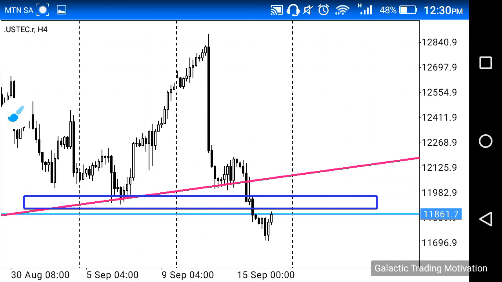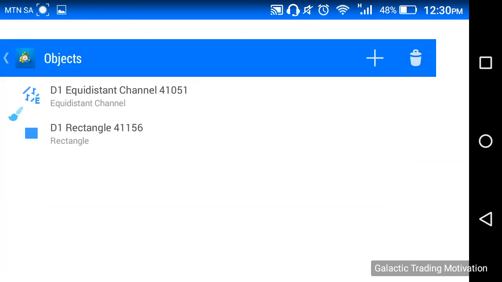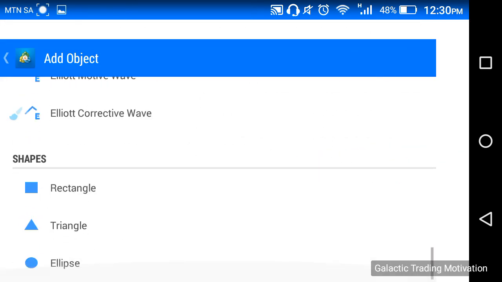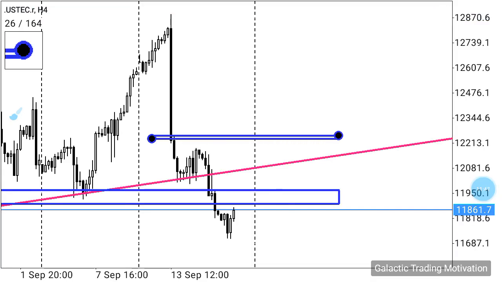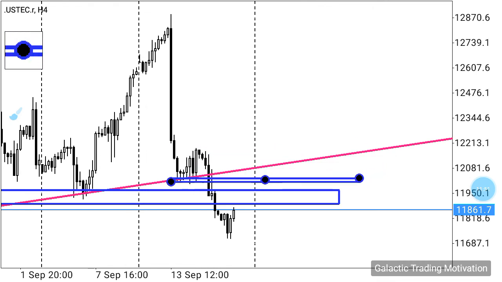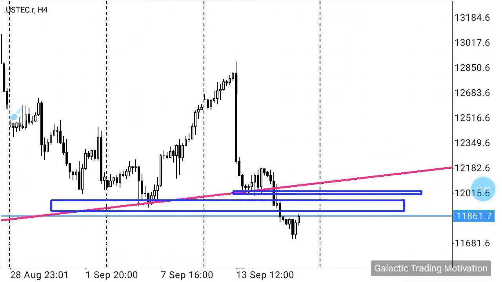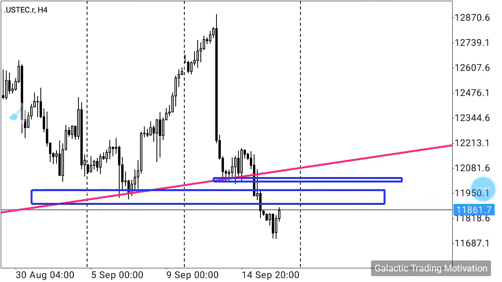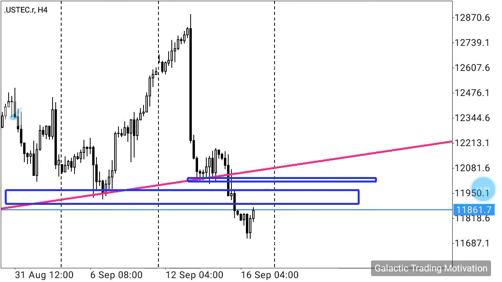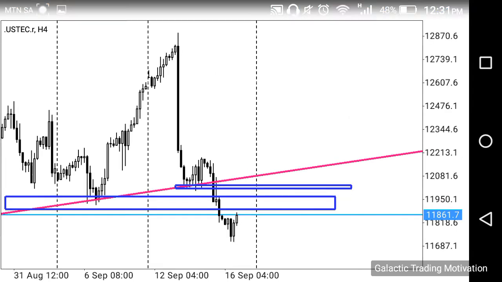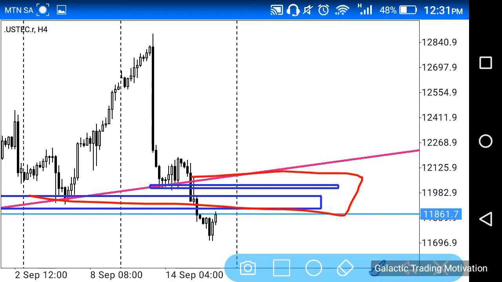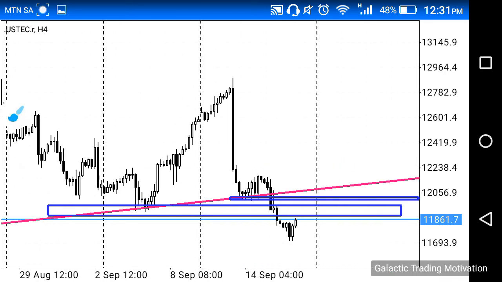In fact, I'm just going to add a line to that structure, because that'll be confluence, because we have two M structures, one on the daily chart and another on the H4 chart, and they both more or less seem to be sharing a neckline, or they've got a neckline in the same area, which adds to the confluence, and it makes this entire region over here a very strong level of resistance, in my humble opinion, right?